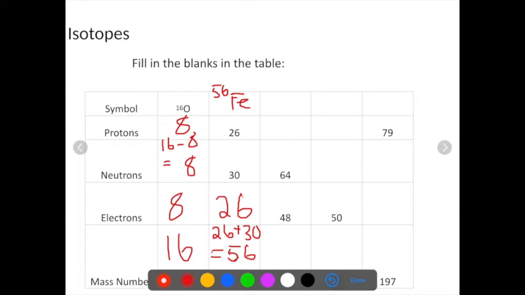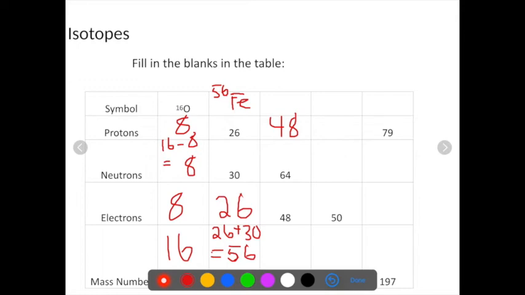Next one, they give us 64 neutrons and 48 electrons. We know that they're all going to be neutral atoms, so we take 48 and put that for our protons. Let's figure out who has an atomic number of 48.